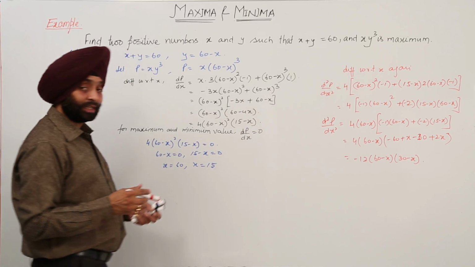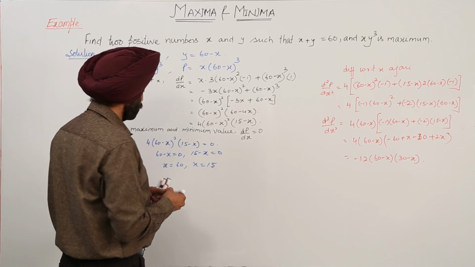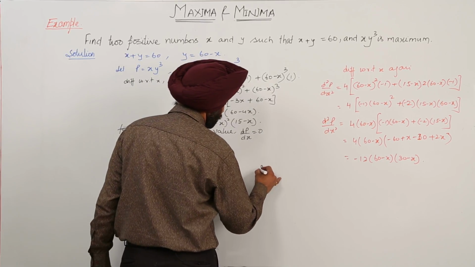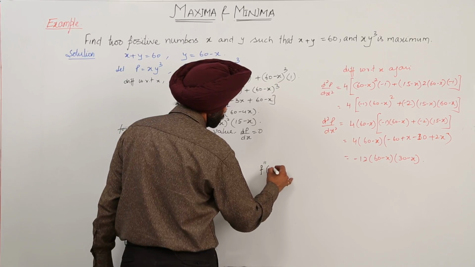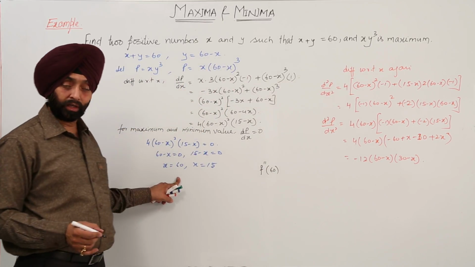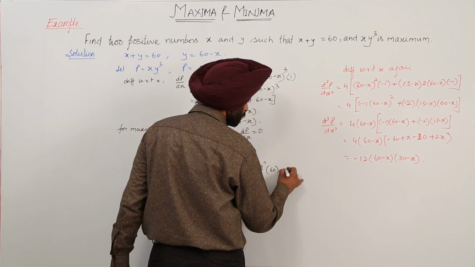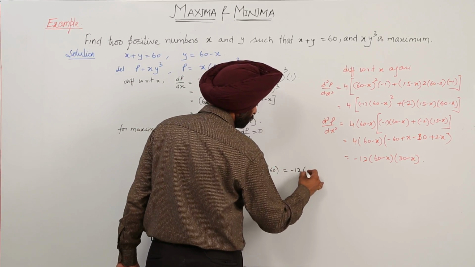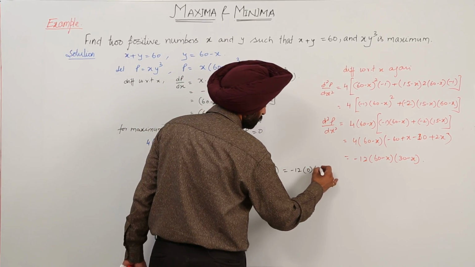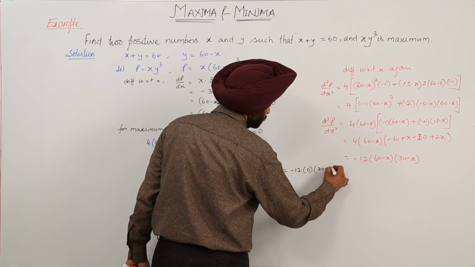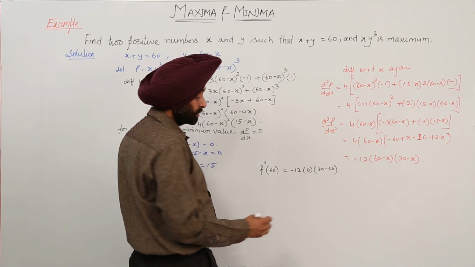Okay, so now let's check it. Now f double derivative for x equal to 60 first. Now this is equal to what? Minus 12 with 0 with 30 minus 60. That is minus 30.